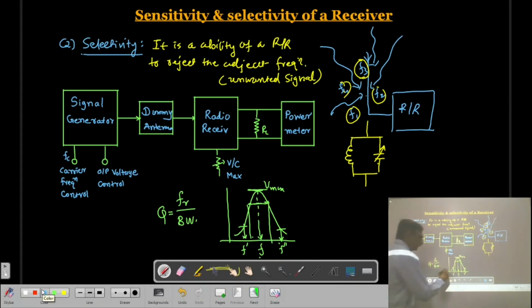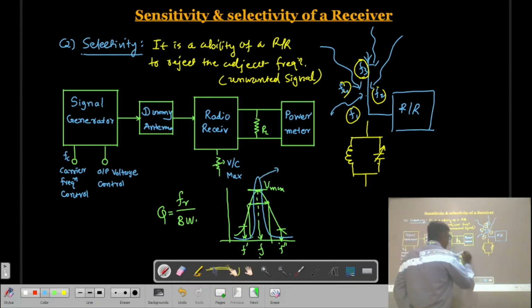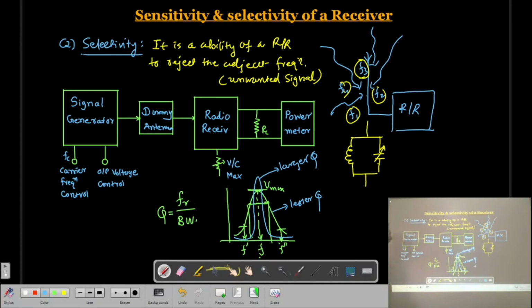But instead of this, if you have a curve like this, meaning a larger Q, this is a lesser Q. So if the resonance curve is like this, then whatever adjacent frequency is there is out of the bandwidth of your tank circuit, and as a result this frequency is not able to enter the radio receiver. We can say it is going to be rejected by the radio.